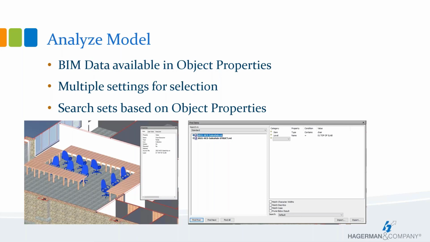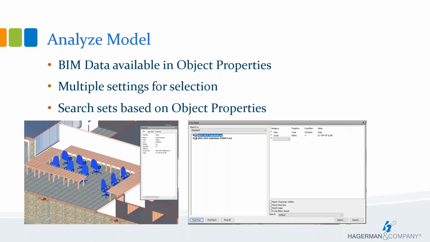For example, the image on the right shows that maybe I want to create a search set that will find and select all the chairs in the model, but only on the first floor. I can easily do that and save the search for later use.